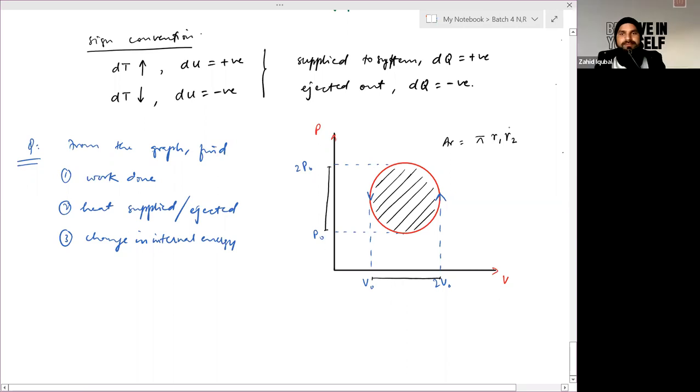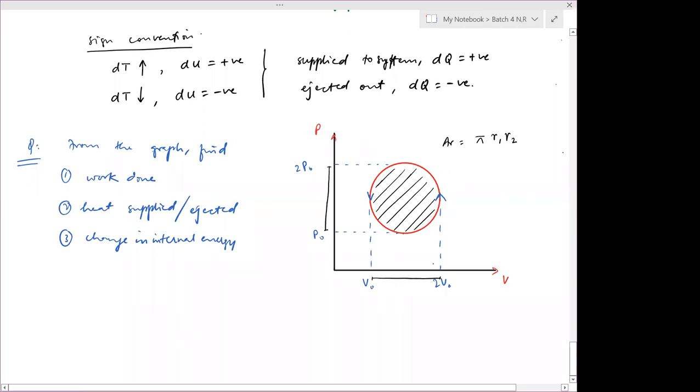Gautam, any doubt? No, sir. But will the answer be accurate? Yeah. Won't some part be left out if you do this?